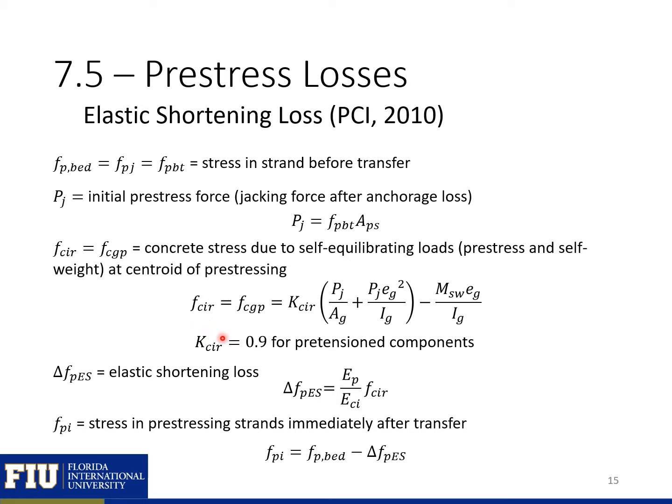So we take this stress times the ratio of our pre-stressing strands modulus divided by our release modulus to get our elastic shortening loss. And then we can calculate the stress in the strand immediately after transfer by taking the stress in the strand before transfer minus the elastic shortening loss.